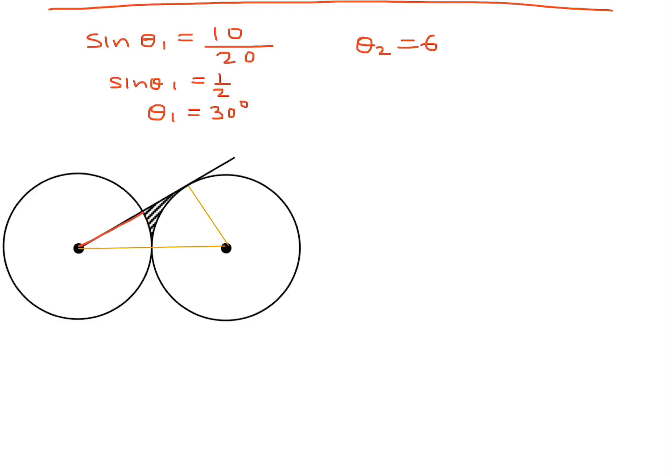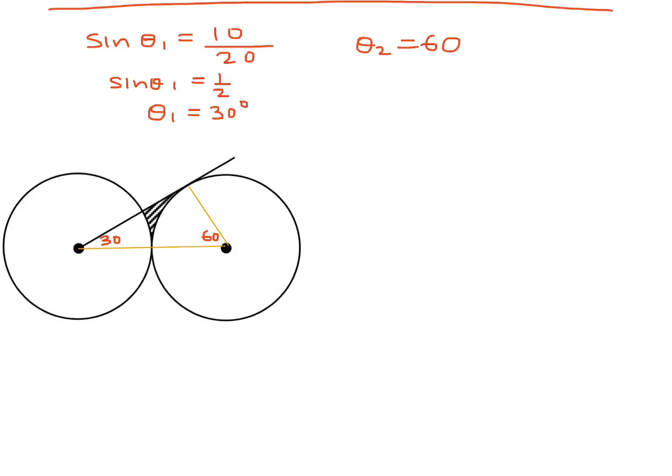It looks kind of like a piece of a pie, right? Right there. How do you figure out those areas? Well, we need the angles. And the good news is we found the angles. This one was 30 degrees and this is 60 degrees. So 30 degrees is that segment of the pie.